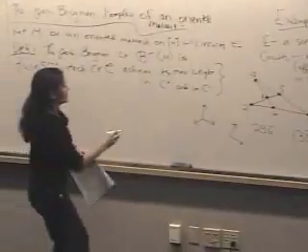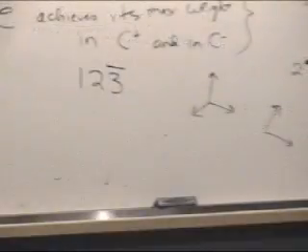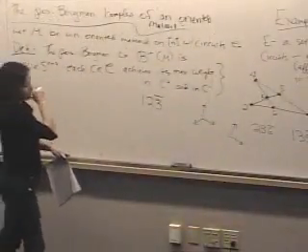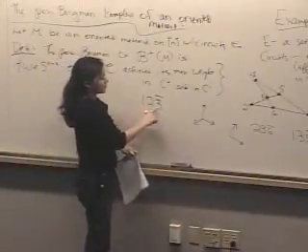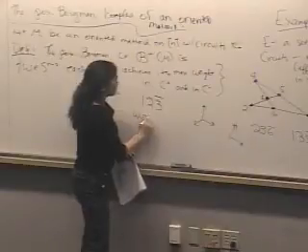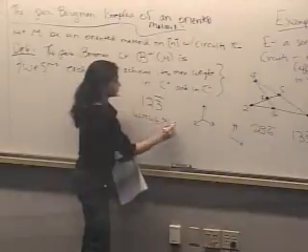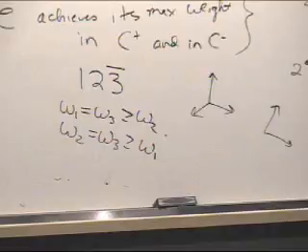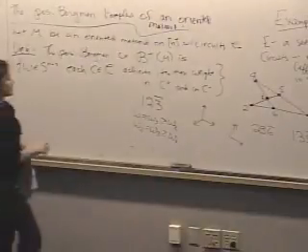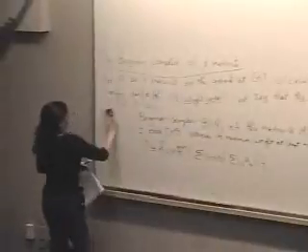That's because the circuits were 1, 2, 3 bar, and we want the maximum to be achieved in the positive part and in the negative part. So this means that either omega 1 equals omega 3 greater than or equal to omega 2, or omega 2 is equal to omega 3. Ruled out one of the 3. That's right.